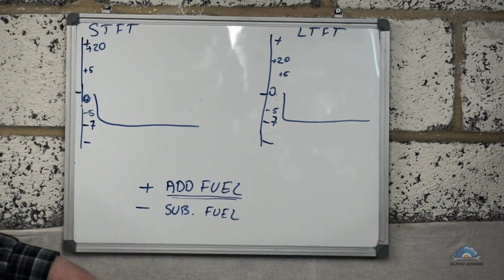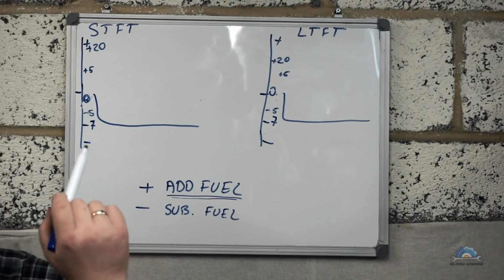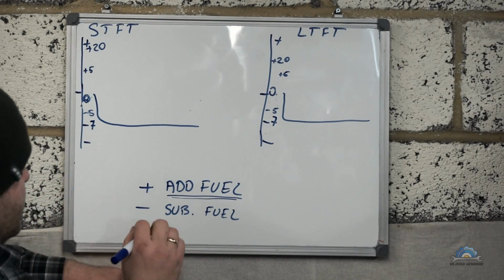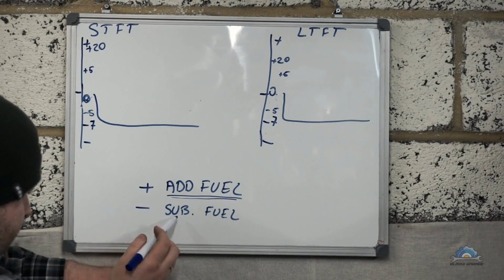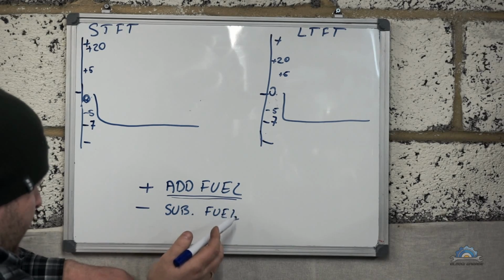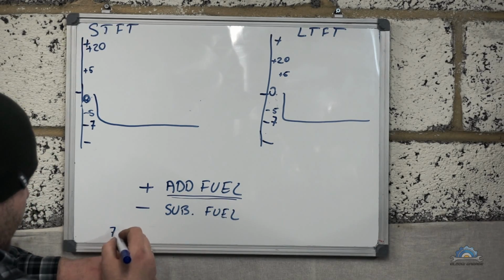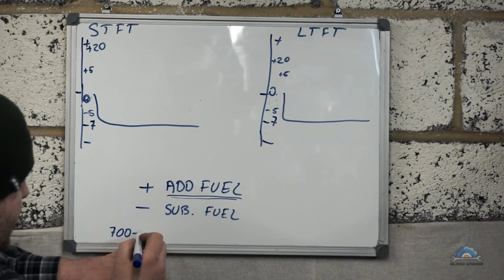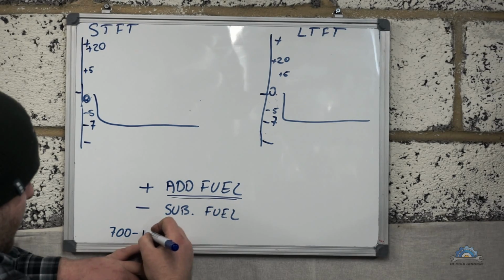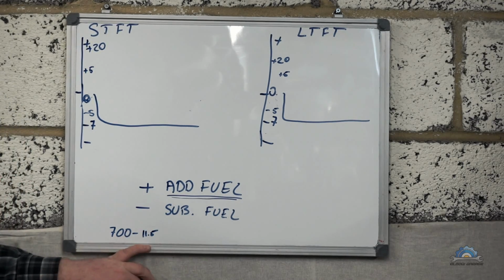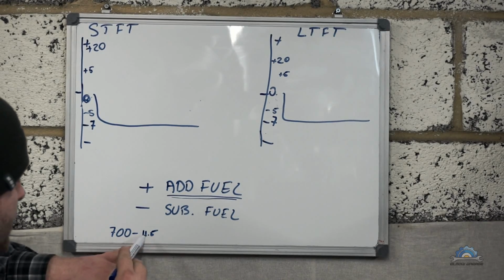I basically had a new engine, but the fuel trims were -7. So the ECU was taking fuel off my engine, where the amount of air at 700 RPM was correct. The MAF was changed. The previous MAF died anyway, but the new MAF had correct readings.